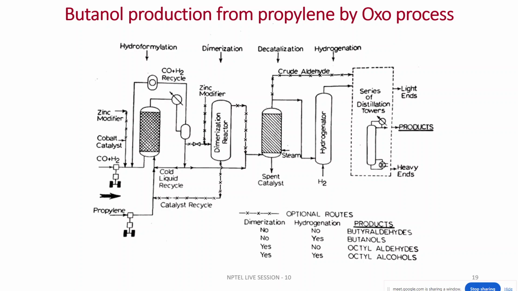Propylene as a feedstock we are introducing to the plant, and equimolar propylene and hydrogen is also introduced. It is then highly pressurized, and then it is sent to the reactor.